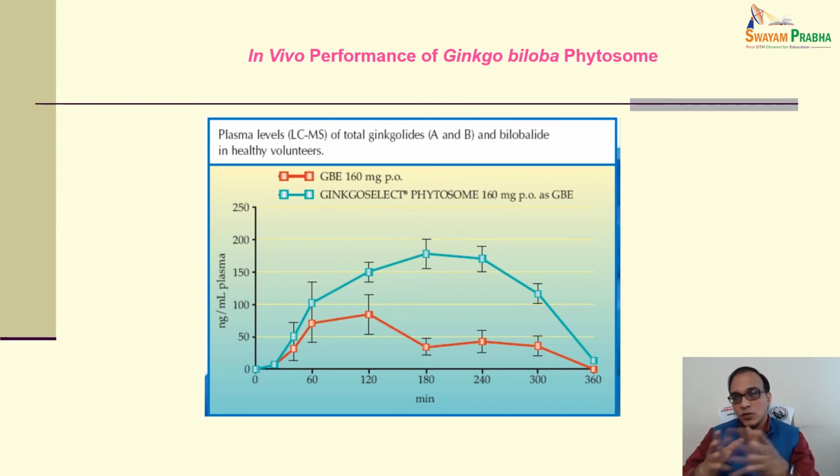In vivo performance, Ginkgo. I was not fortunate enough to get the in vivo done because of lack of facility. But if you have the facility for in vivo, you can compare the plasma level of the phosphatidylcholine complex or the phytosomes in comparison to the drug. As you can see, this upper data is for phytosomes and this lower one is for ginkgo biloba extract.